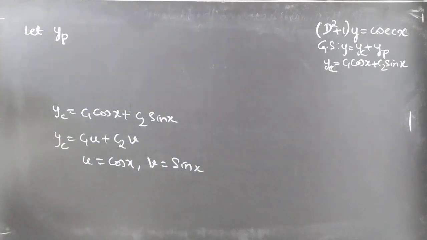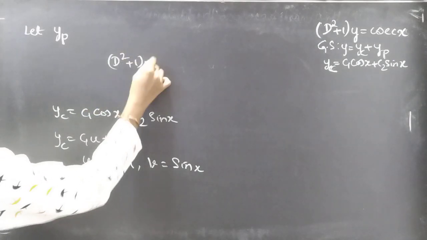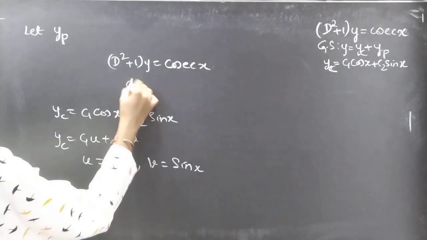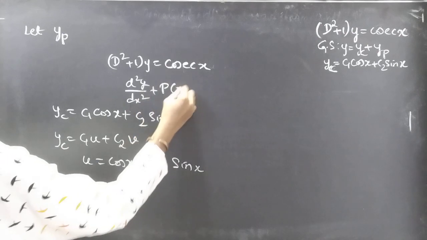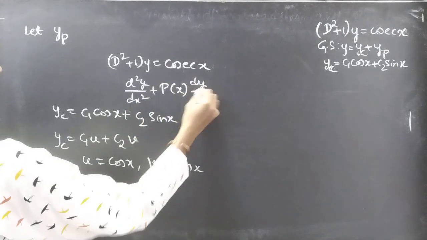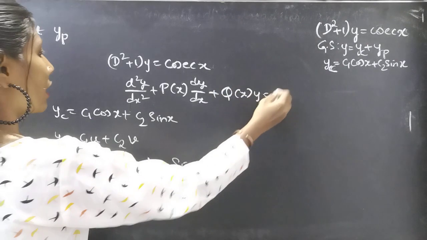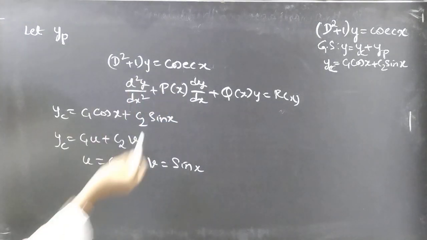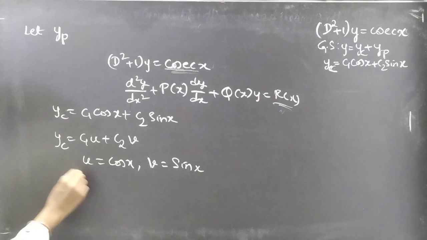And compare the given differential equation (D square plus 1) y equal to cosecant x with d square y by dx square plus p of x into dy by dx plus q of x into y equal to r of x. By comparing these two, we'll get r of x equals cosecant x.